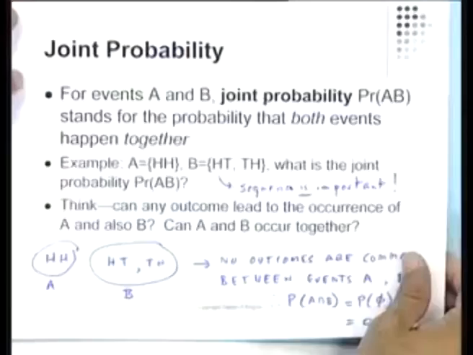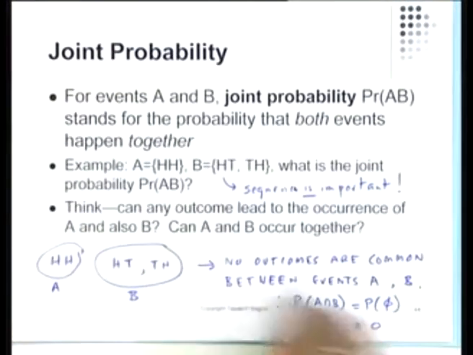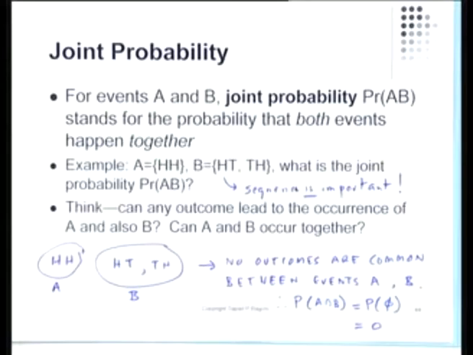What is the joint probability between A and B? Can you really work out the joint probability? There's one easy way to do this, and that's what I've tried to do here. I've sketched here event A and I've sketched here event B. Notice something.